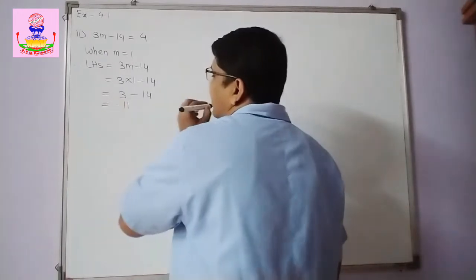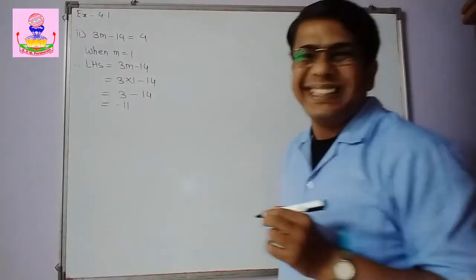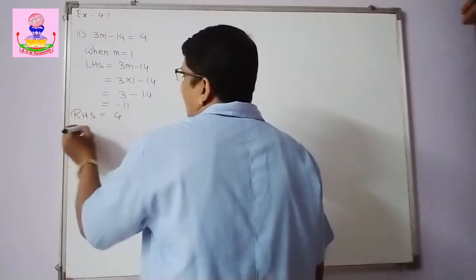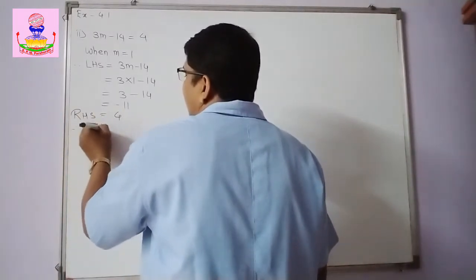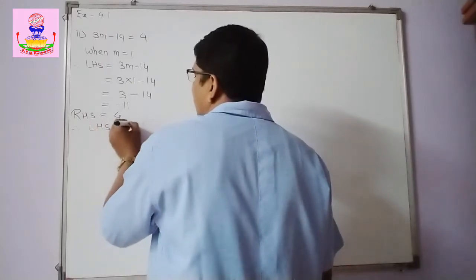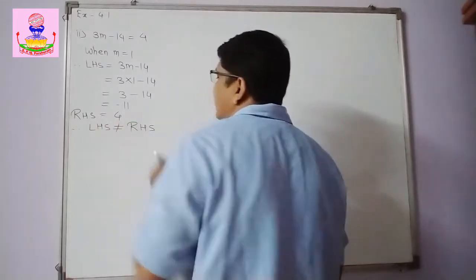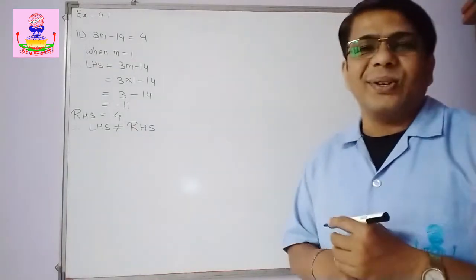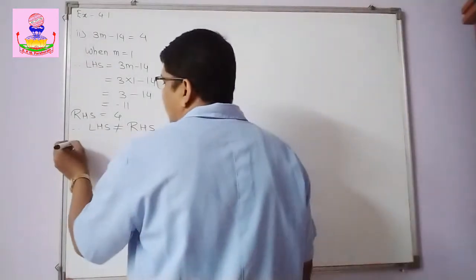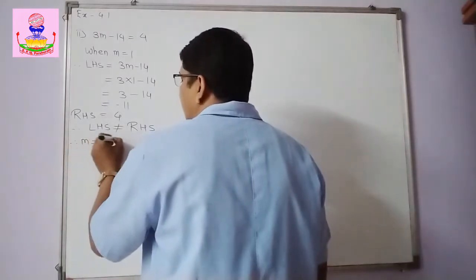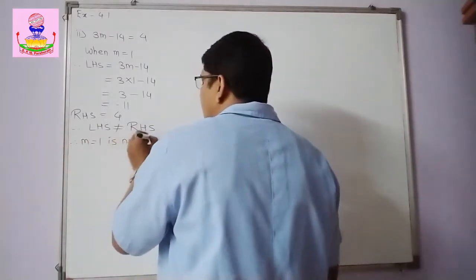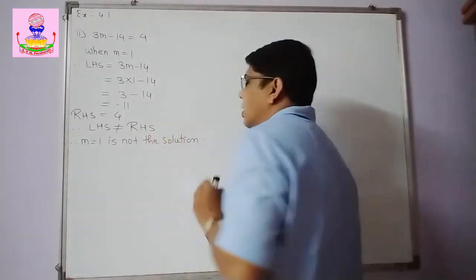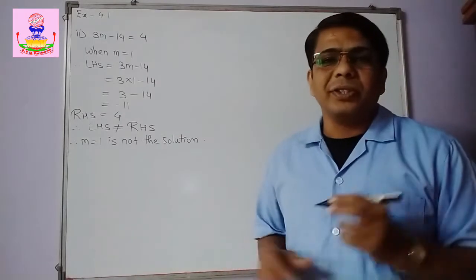Give the sign of the bigger number. That is minus. RHS is 4. So what can you say? LHS is not equal to RHS. Means definitely m is equal to 1 is not the solution.